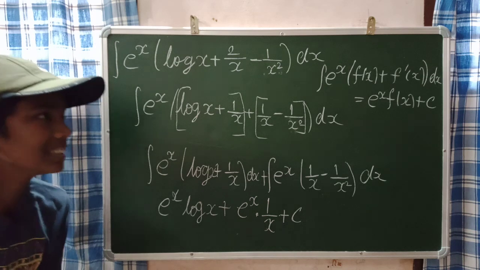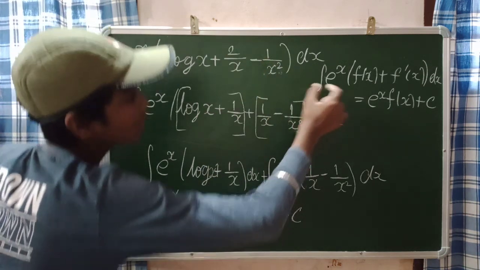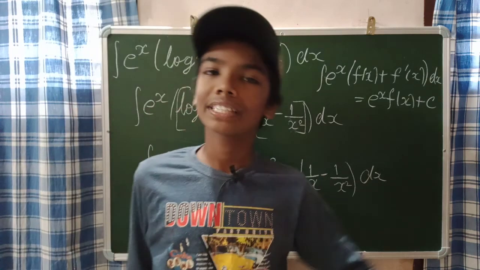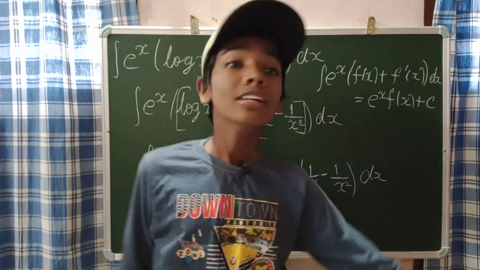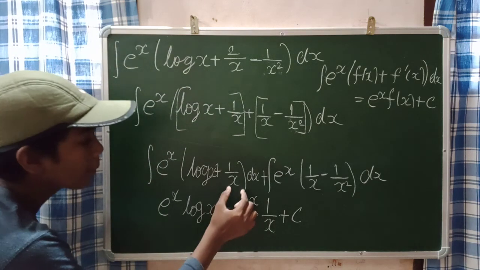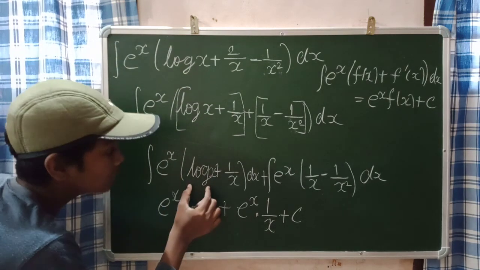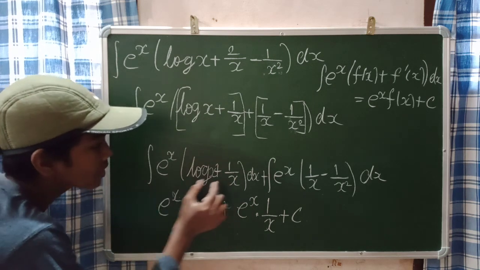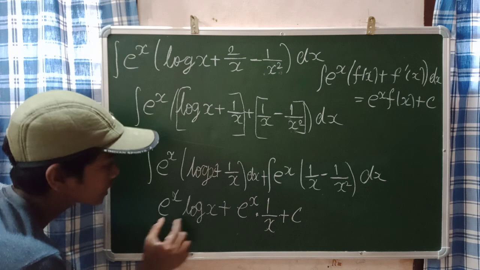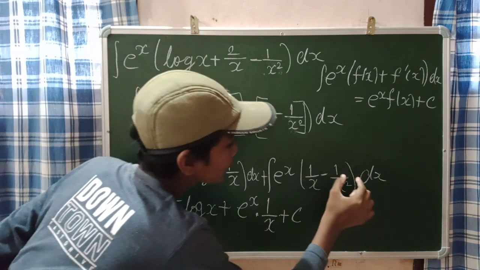So what I just used is the property of integration: integral of e power x of (f of x plus f dash of x) dx can be written as e power x of f of x plus some constant c. Here, 1 by x is the derivative of log x, so log x will be f of x, 1 by x will be f dash of x. So this is e power x of log x, plus e power x of (1 by x minus 1 by x square).